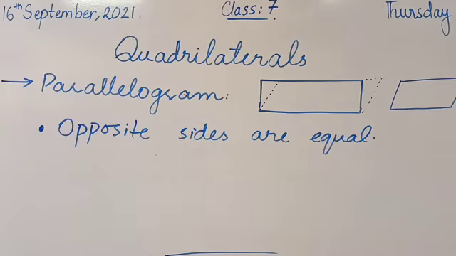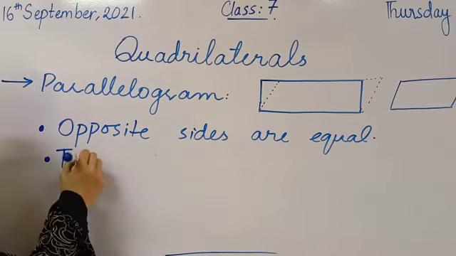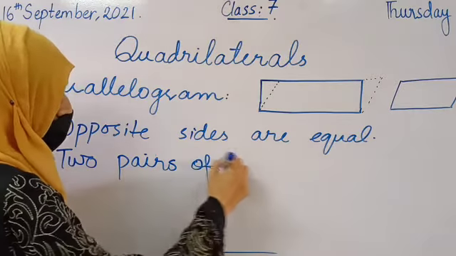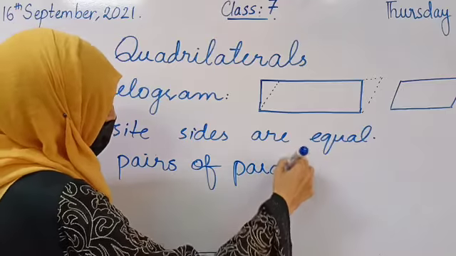Now observe any other property between these two shapes. Parallel sides. A rectangle has two pairs of parallel sides. And what about a parallelogram? Good. A parallelogram also has two pairs of parallel sides. So this is also a similarity between a rectangle and a parallelogram.